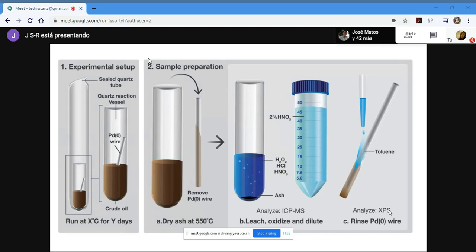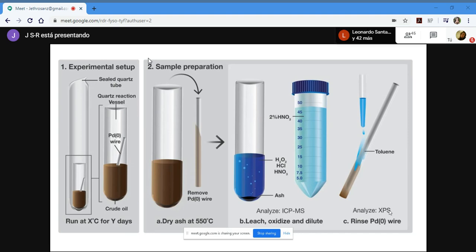So this ash or this char, we digest with a cocktail of different acids and hydrogen peroxide to make all the metals soluble. And then we dilute and we analyze this solution using ICP-MS or inductively coupled plasma mass spectrometry. And from this, we can tell the concentrations of the metal in the petroleum.